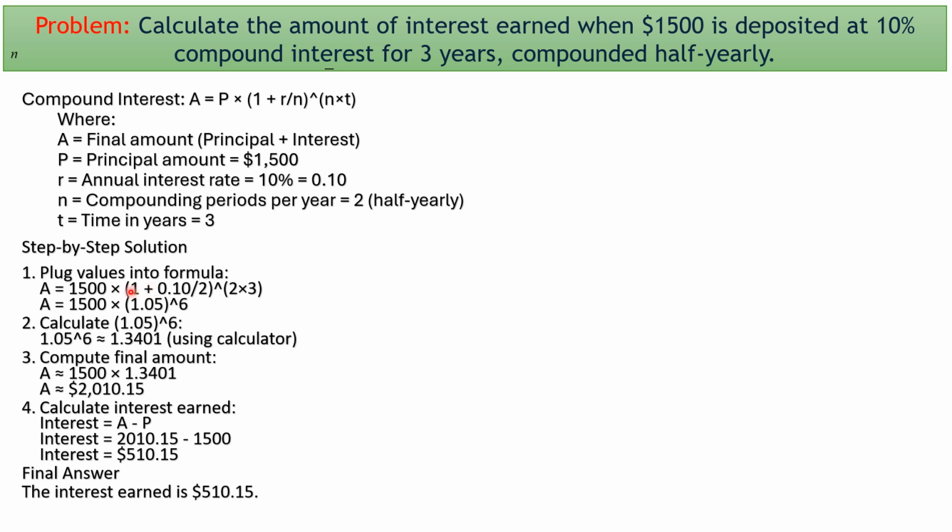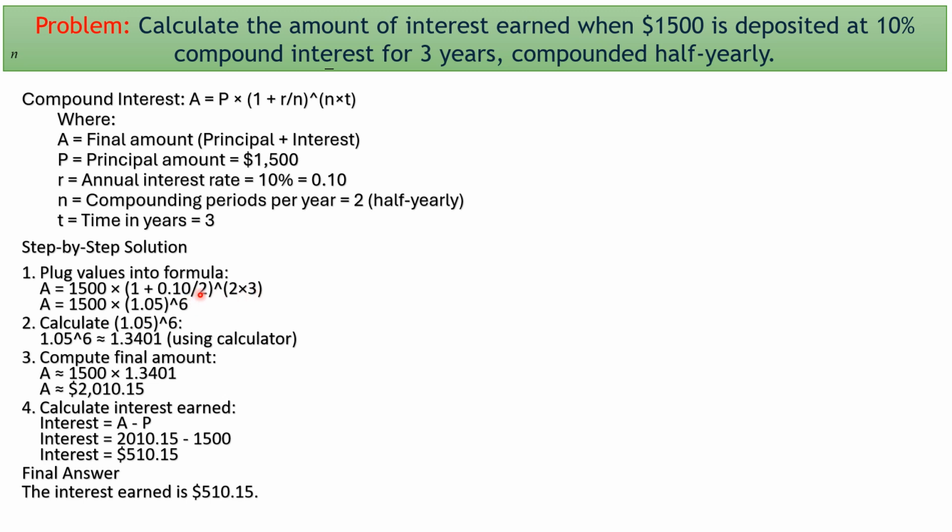So A is equal to 1,500 into (1 plus R, which is 0.10, that is the interest rate, divided by N). N is equal to the number of times interest is compounded, that is twice a year, half yearly. So 2 is the N. So N into T, 2 into T. T is equal to the total investment period, 3 years.